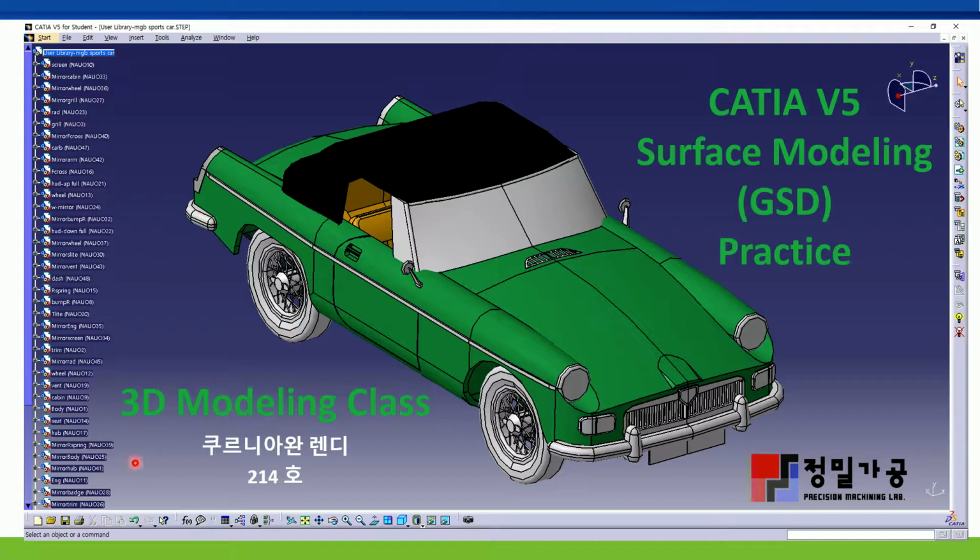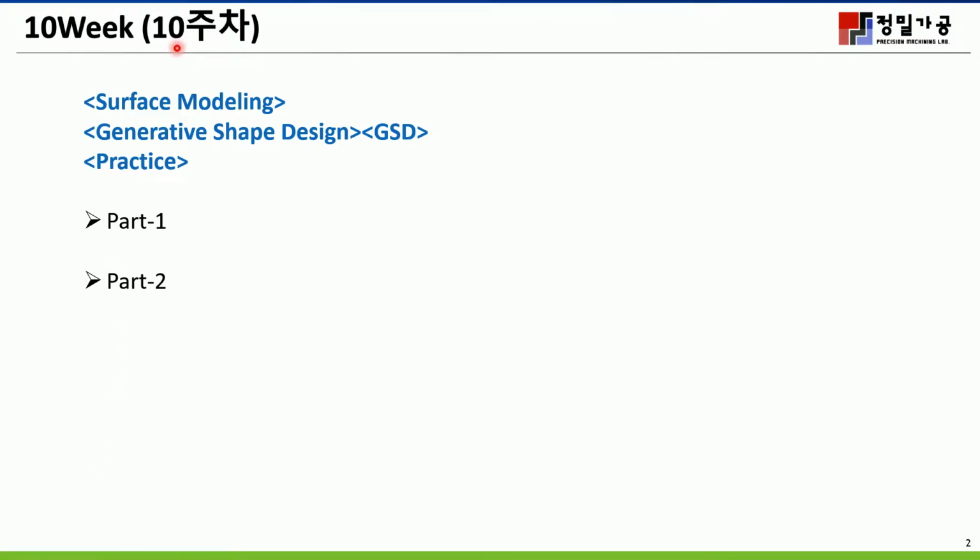We are going to practice using extrude and maybe trim and maybe fillet and join, of course. In the previous lecture, I already explained the basic functions for generative shape design. Now, in this video, we are going to make some simple part 1 and part 2.